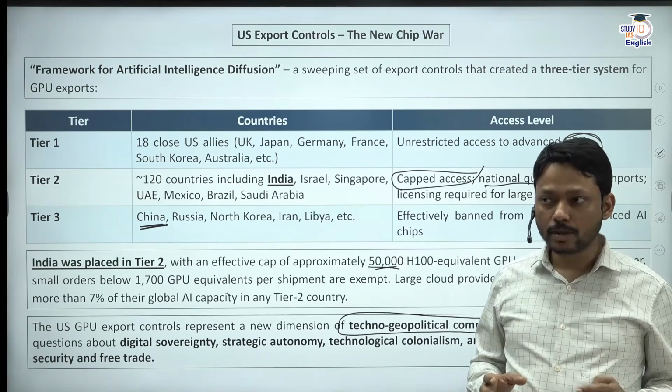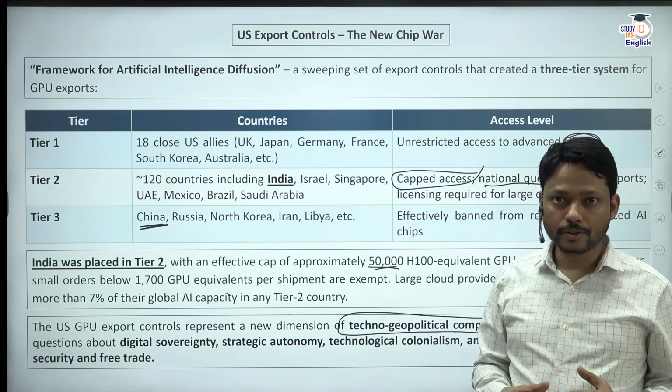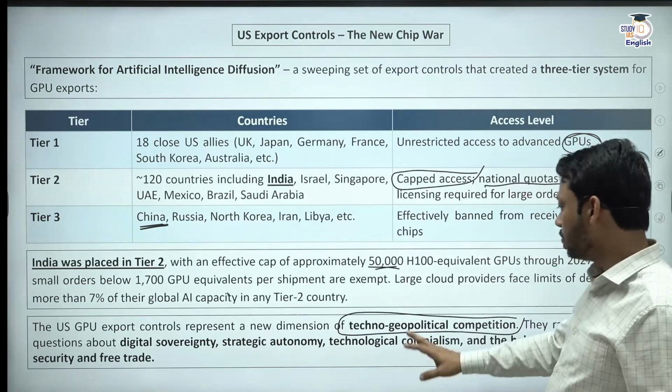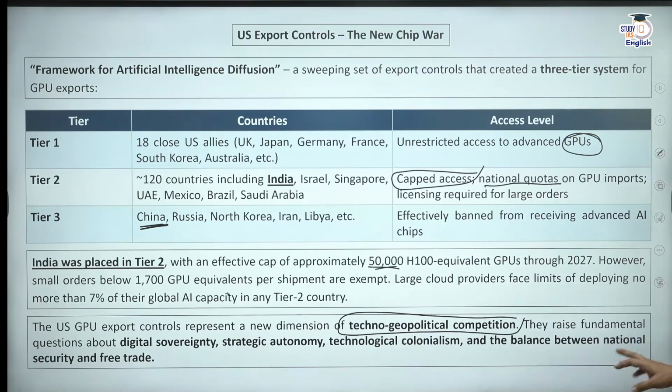Trust me, it is that important to have our own GPUs. Otherwise, there will be questions on digital sovereignty, strategic autonomy, technological colonization, and the balance between national security and free trade.